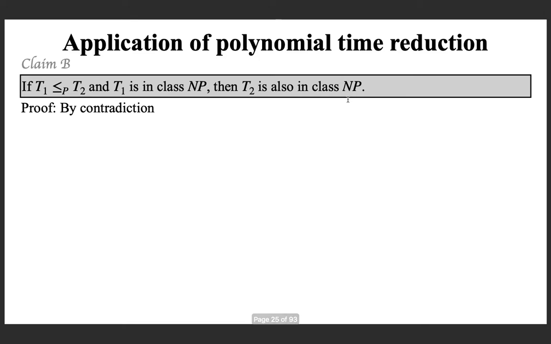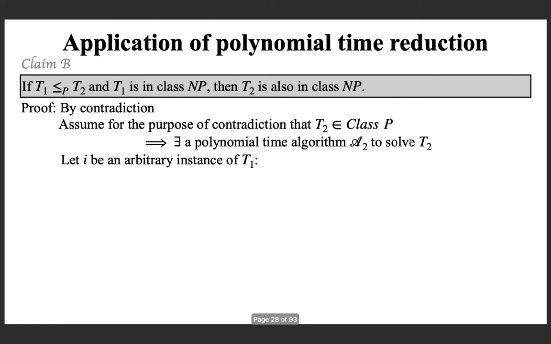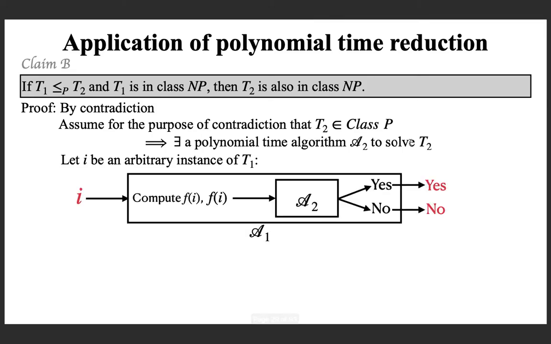Proof by the method of contradiction. Assume for the purpose of contradiction that T1 is in NP and T2 is in the class P. T2 is in the class P means there exists a polynomial time algorithm A2 to solve T2. Then use the same construction that we used for the previous claim. Now we have an algorithm A2 for T2. From that we are constructing an algorithm A1 for T1.